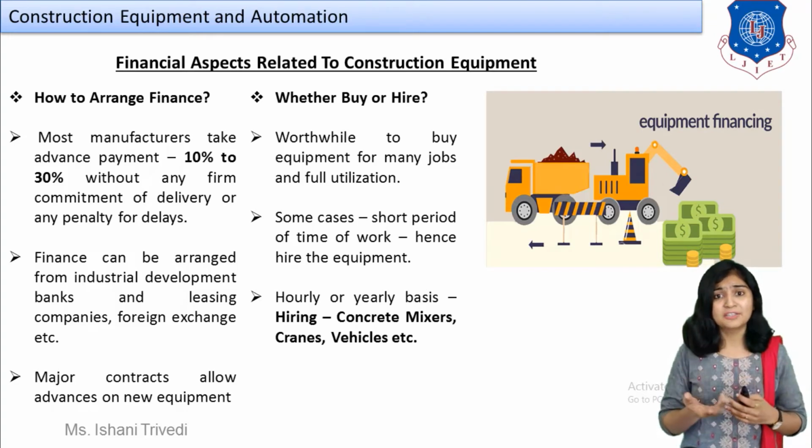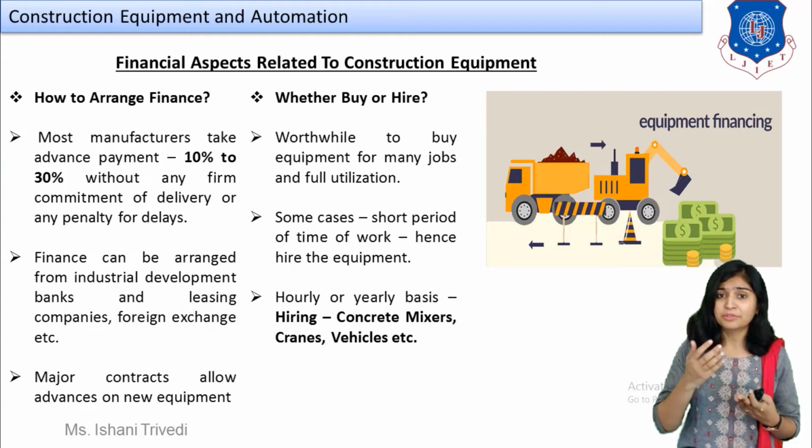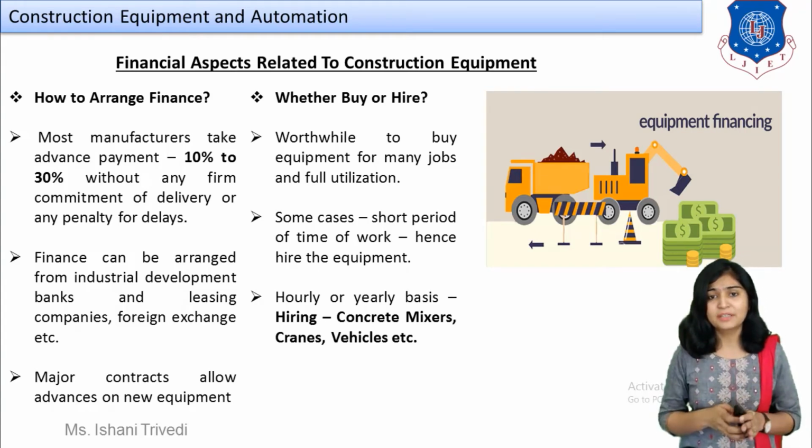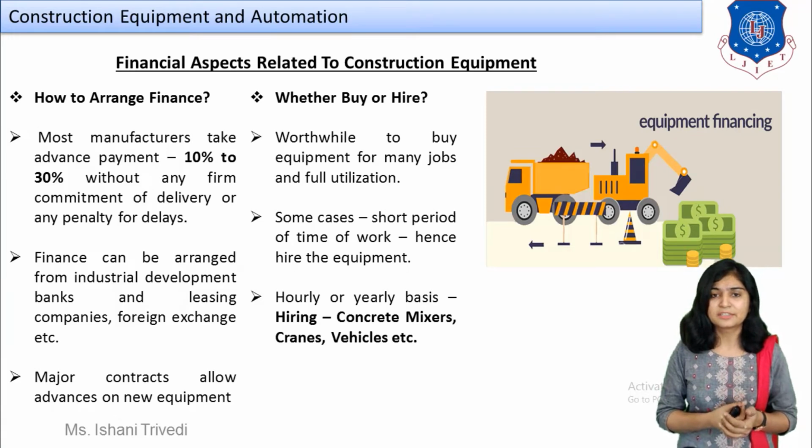What are the factors on which it will depend whether you will buy or hire? I think you will be able to think on your own in what cases you should buy and in what cases you should hire. So let us talk about some financial aspects related to the same.